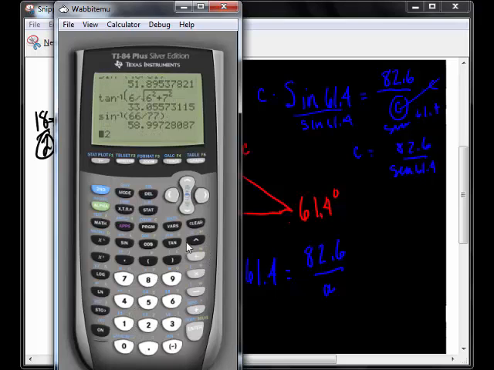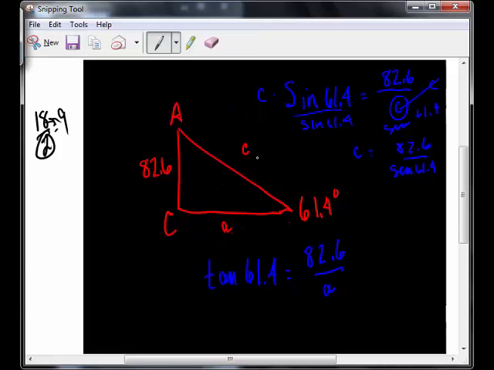So clear. 82.6 divided by sine 61.4 is 94.07, so we would say 94.1. Oh, I gotta switch colors. Oops, 0.1, that's supposed to be.